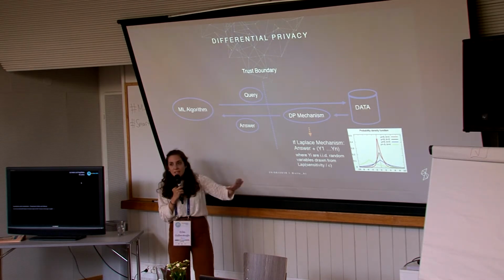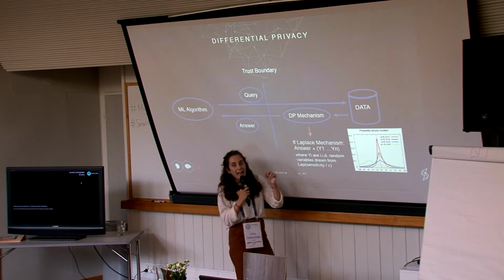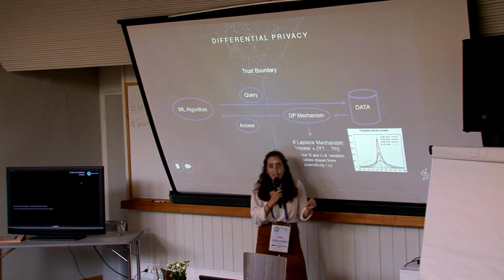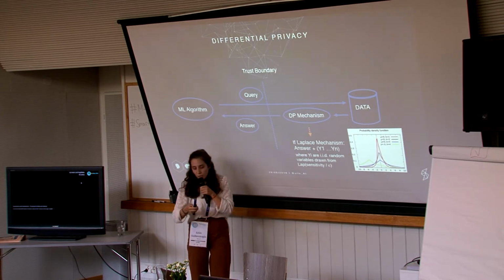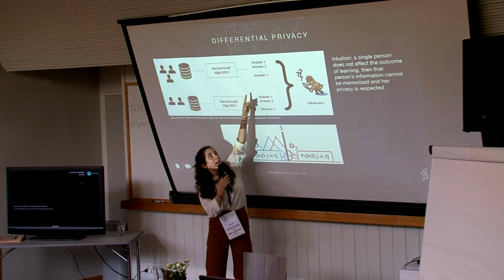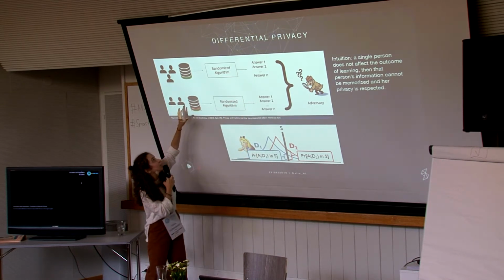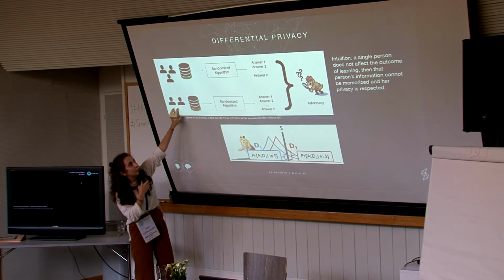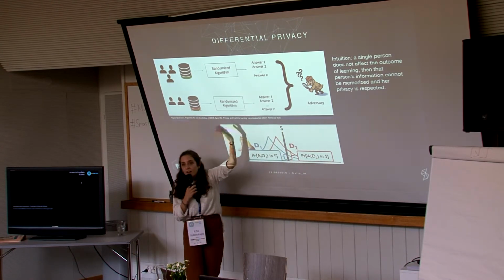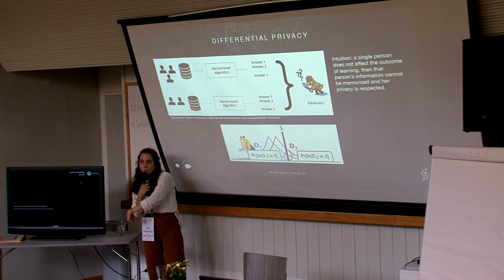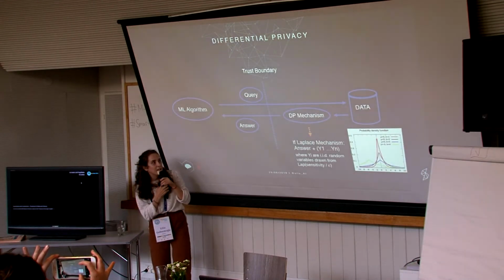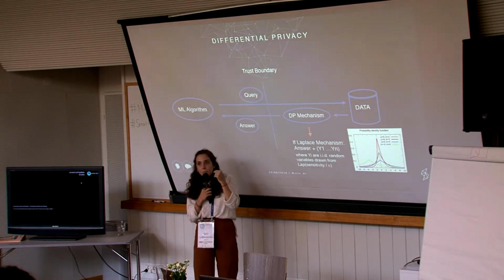But if I use this technique, because I am adding noise from this Laplace distribution, anyone who gets two answers to this query, one for the dataset with Reggie and one without Reggie, has no way to find out Reggie's real salary. So this method gives me a mathematical guarantee that there is no way to trace back to that person.